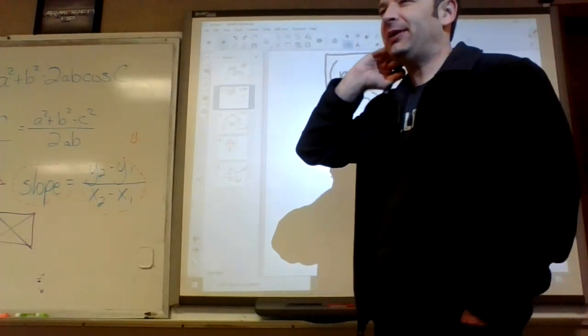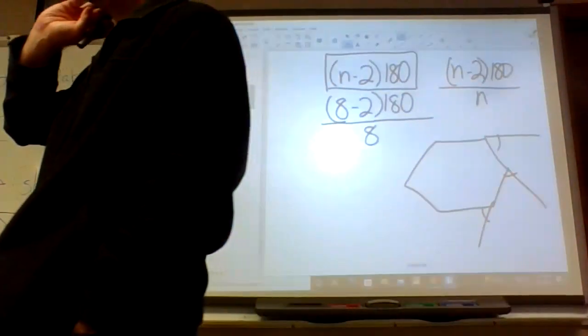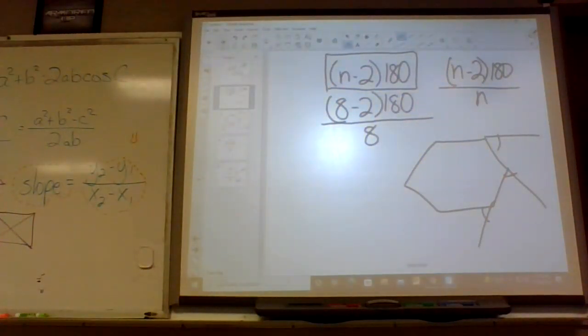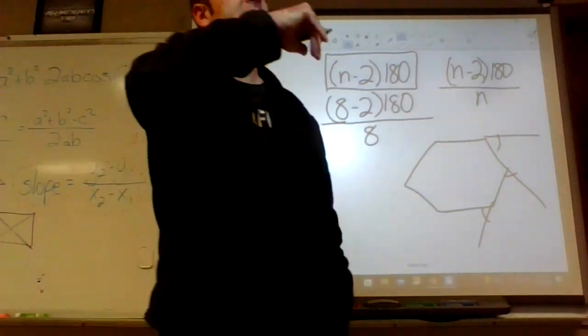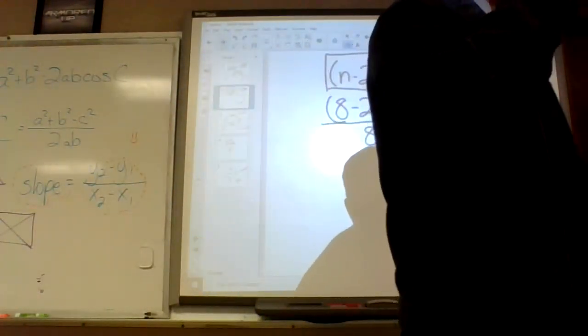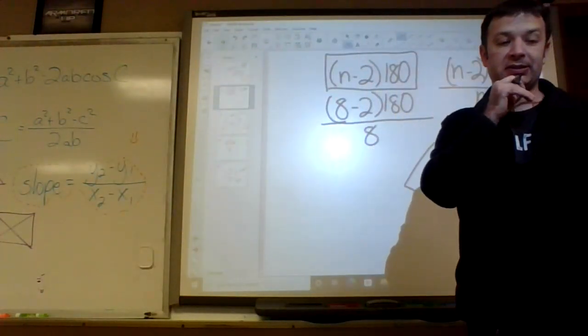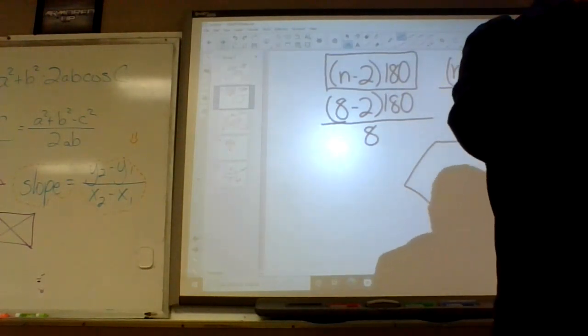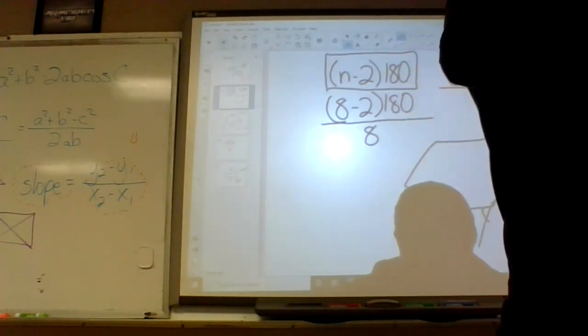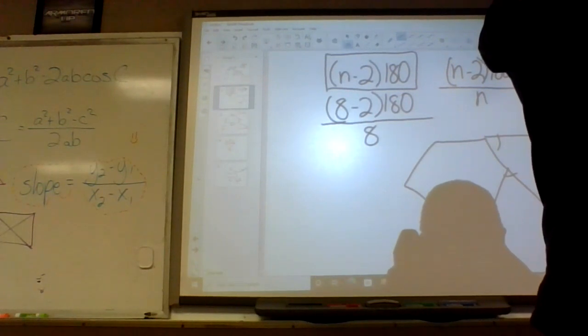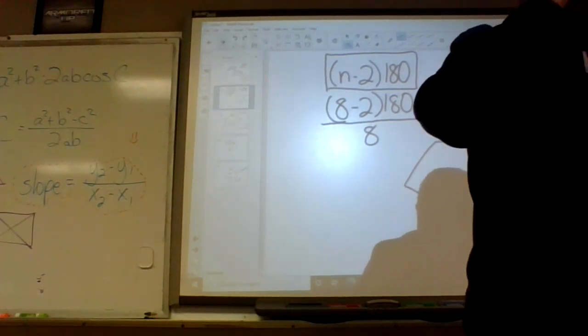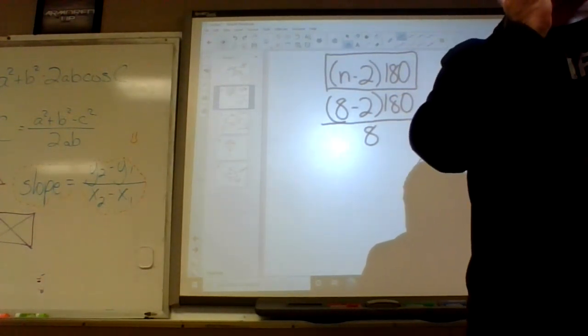Number 7, MN. MN is a mid-segment. Remember what we said about the length of a mid-segment about 5 minutes ago? Yeah, it's the average of the bases. On number 7, MN is what we're trying to find. PS is 34, that's the left base, and QR is 48, that's the other base.